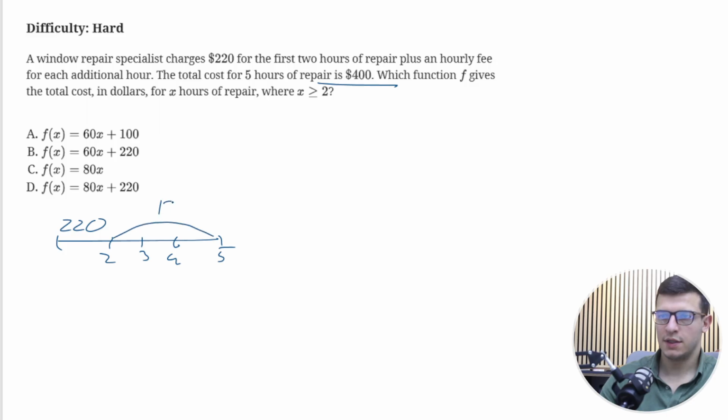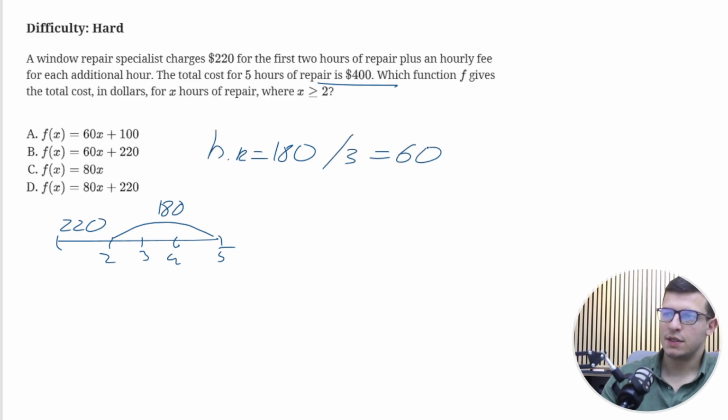So for the last 3 hours, I got 180, which makes my hourly rate past 2 hours. Hourly rate, 180 divided by 3, which is 60. So after 2 hours, I start making 60 per hour.